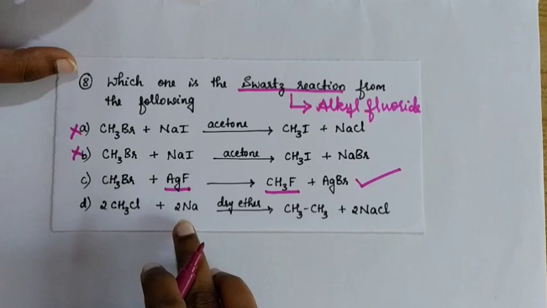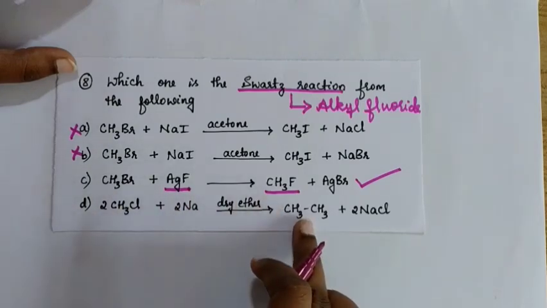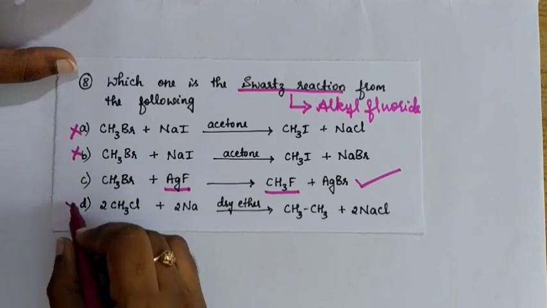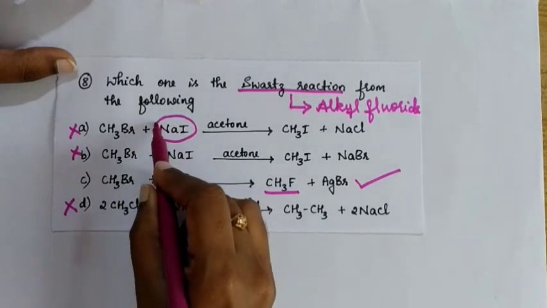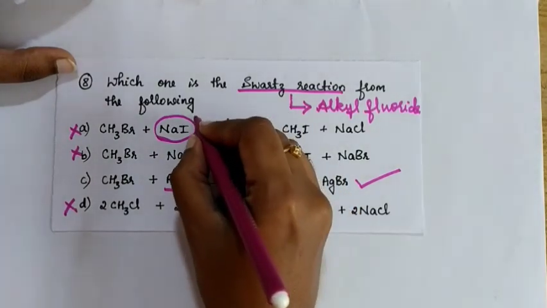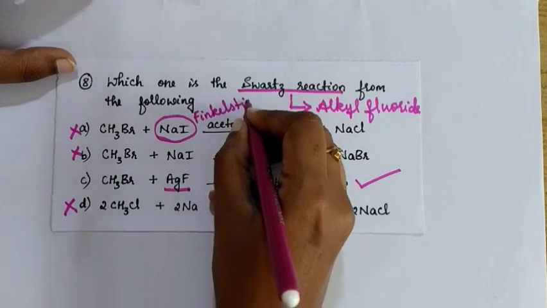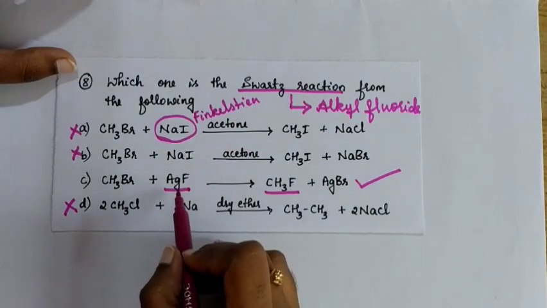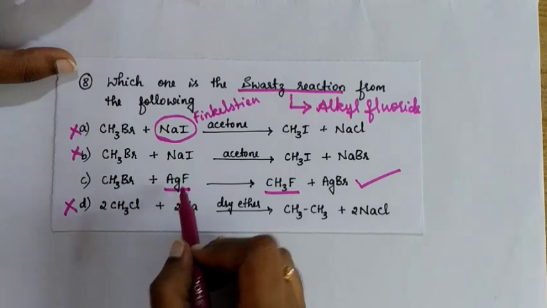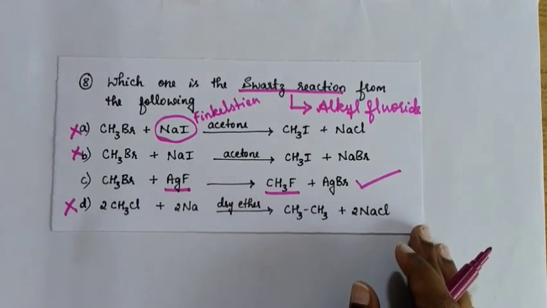And option D also has no silver fluoride, no formation of alkyl fluoride, so this is also not correct. We use sodium iodide in one of the famous reactions, that is the Finkelstein reaction. This is for the Finkelstein reaction. And in Schwarz we use silver fluoride to get alkyl fluoride. So option C is the correct answer.